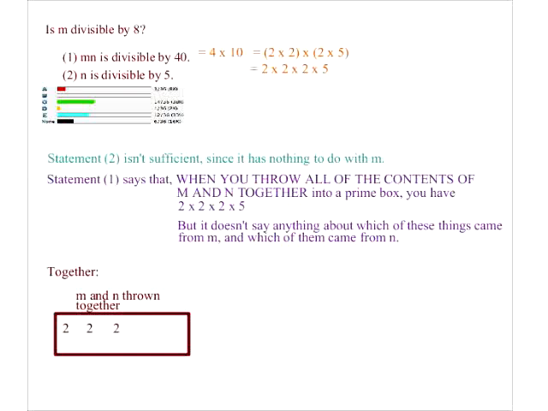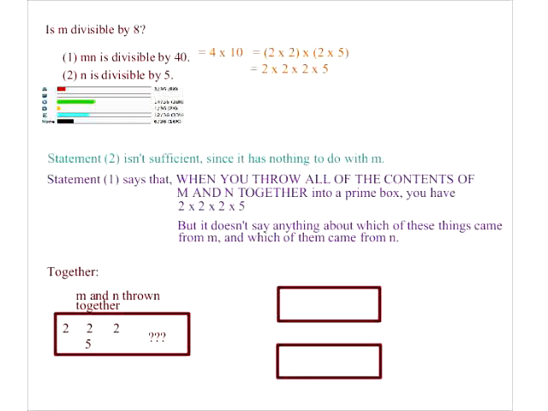And then we don't know. Notice that we know this has to come from m and from n. So this is m, this is n, and these are the two things that are making up that.